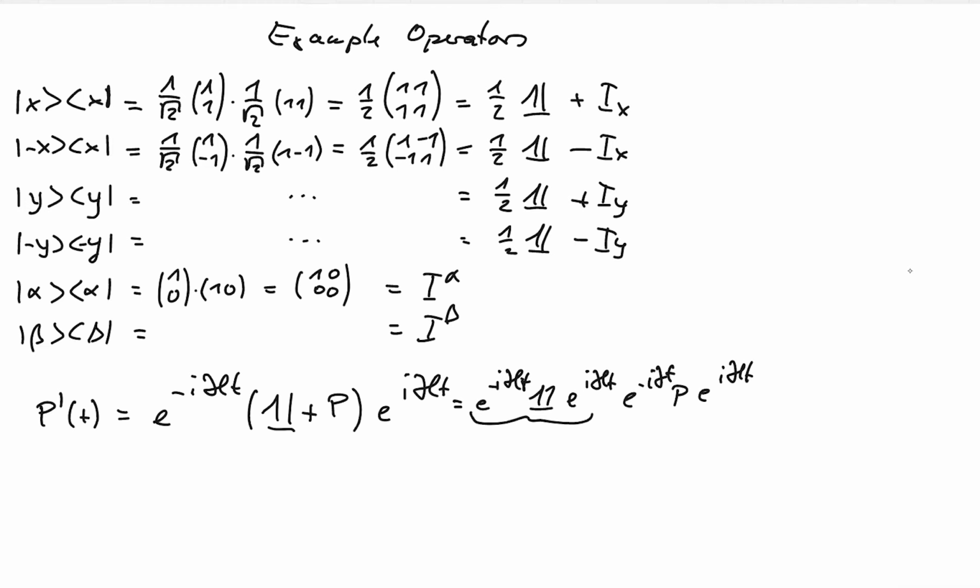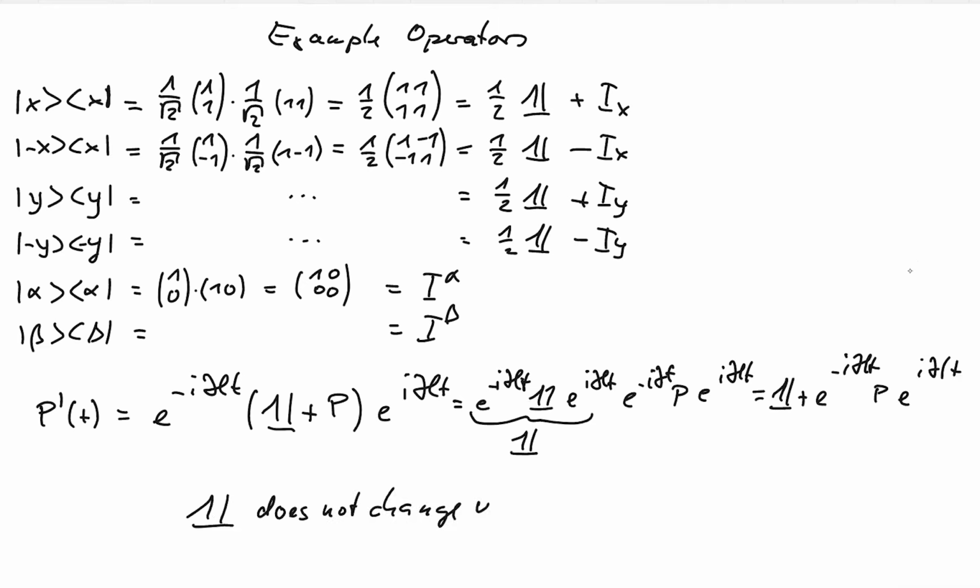Because the unity operator commutes with all matrices, this part is again the unity matrix. So we end up with 1 plus e to the minus iHt times P times e to the iHt. And so the unity operator does not change under time evolution.